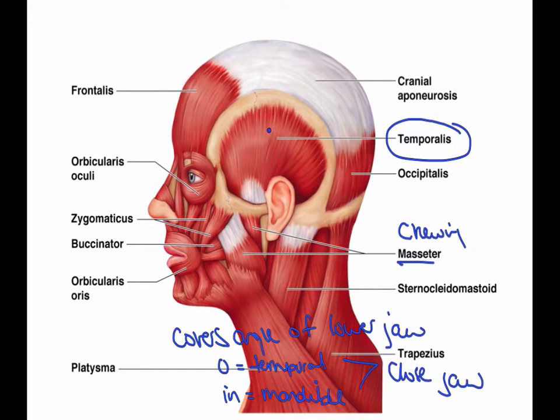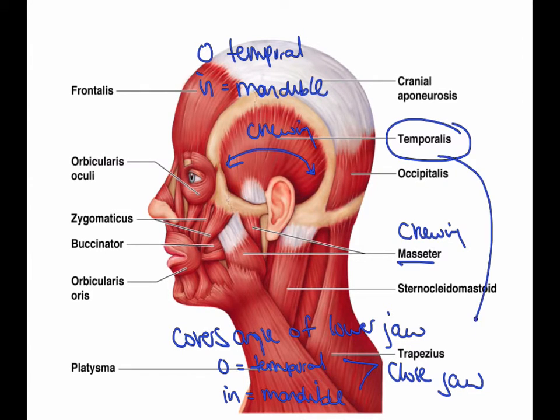This is also going to be a chewing muscle. It's fan shaped, as you can kind of tell, it kind of fans out like that. So it's fan shaped, and it overlies the temporal bone. That's hopefully obvious. The origin is the temporal bone. The insertion is the mandible. And it's also going to close the jaw.